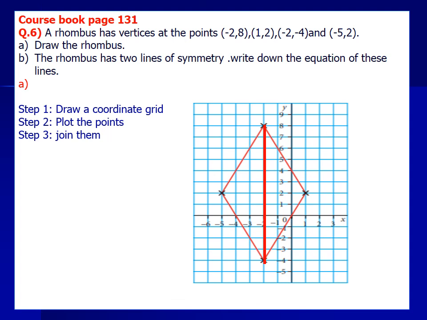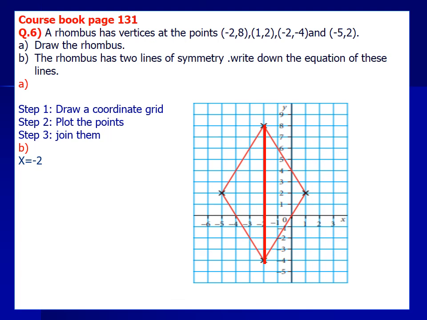All the points on this line have x and y, right? What do you notice about the values of x? All the values of x are minus 2. So, x is constant. So, the equation for this line is x equal minus 2.